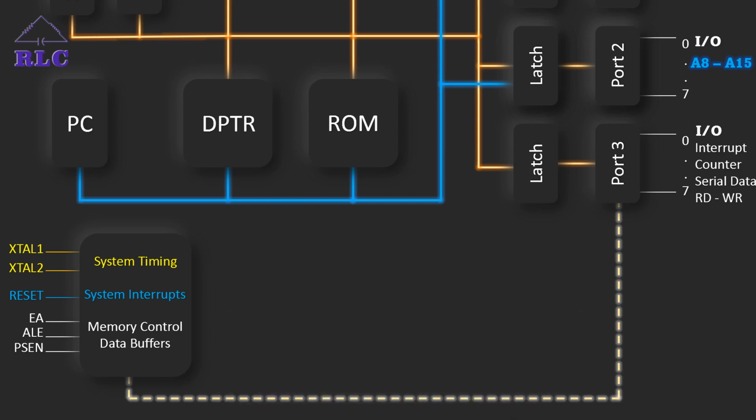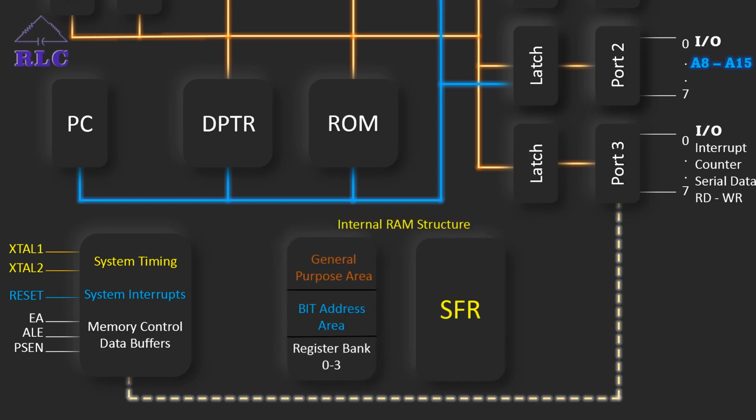Apart from this, we have the RAM. The internal RAM structure is classified into two. The register bank 0 to 3, then the bit address area, then the general purpose area, which is covered from 00 to 7F. Then the SFR is from 80 to FF.